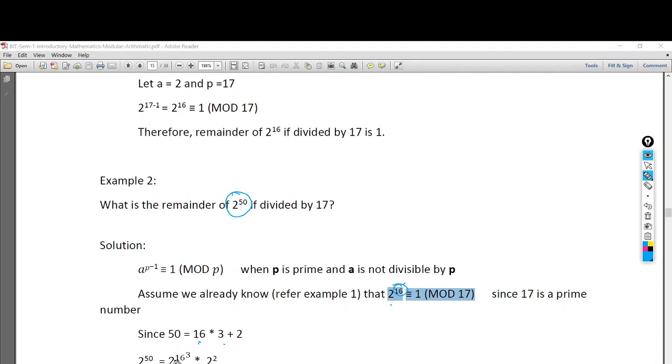We can say 2 to the power 50 is 2 to the power 16 to the power 3, and one more 2 is there, so therefore you have to add that again. Therefore 16 into 3, and to that you add another 2, so you just say multiplied by another 2, right?